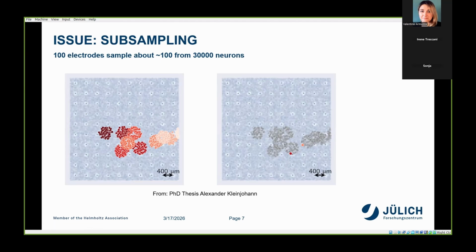This issue of subsampling is something we always have to deal with. And just to give you some numbers, with these 100 electrodes, you sample roughly 100 neurons from about 30,000 in this area. Yeah, so if you hear this, you could think you will never see anything about this processing.